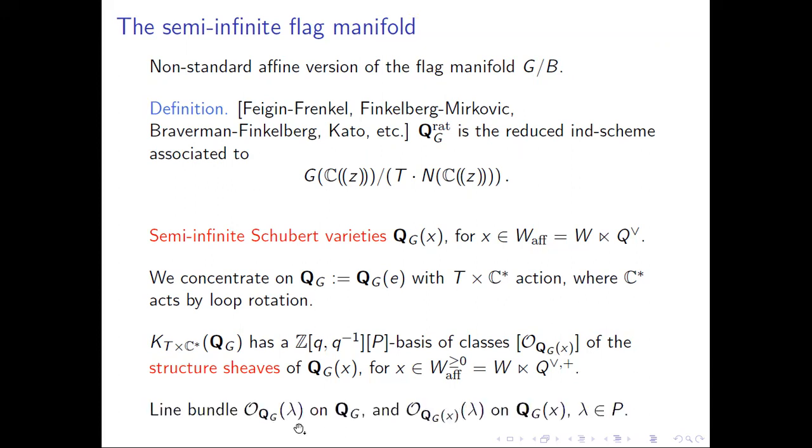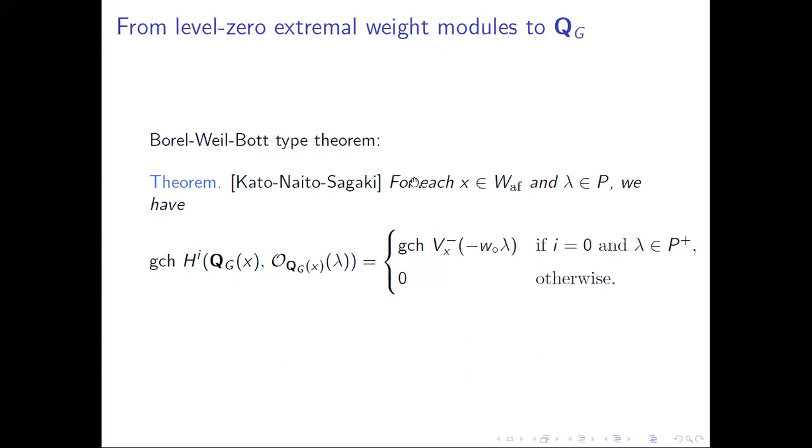And then for a finite weight lambda, we have a line bundle similarly on the semi-infinite flag manifold and also on a Schubert variety, its restriction to a Schubert variety. So then the geometric connection is made by Kato-Naito-Sagaki.